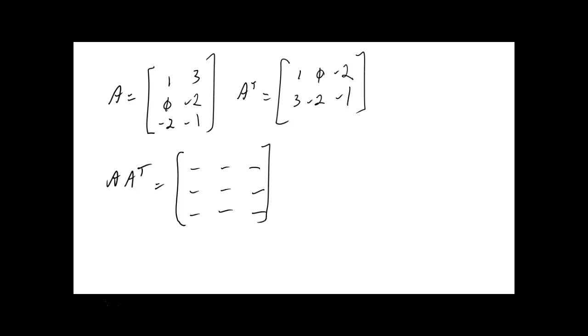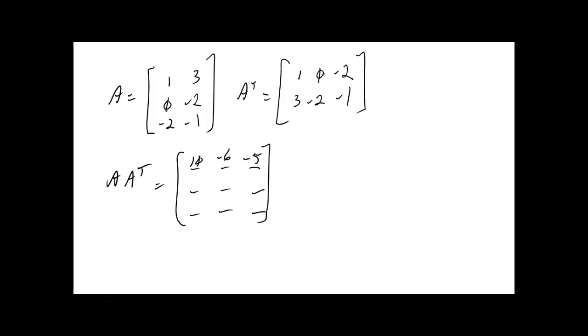So, that being said, let's do the multiplication. The 1 1 entry would be 10. The 1 2 entry would be -6. The 1 3 entry would be -5. Perfect.